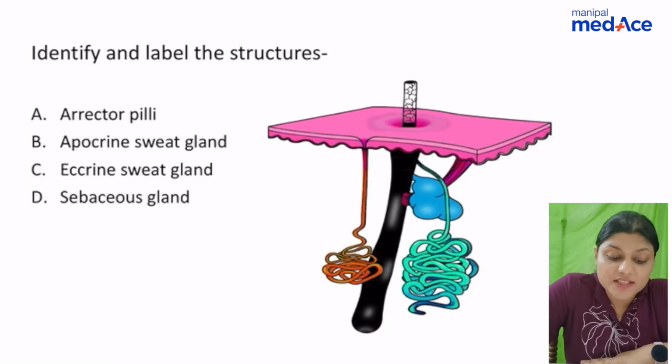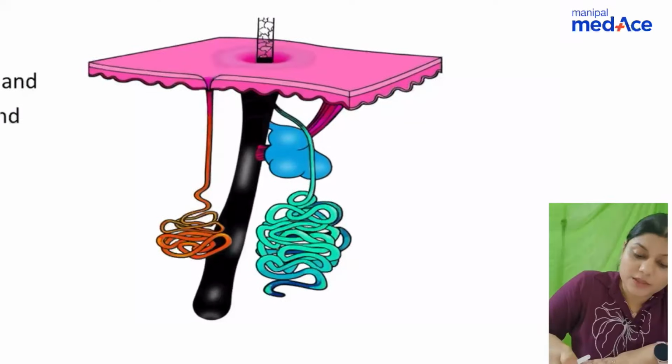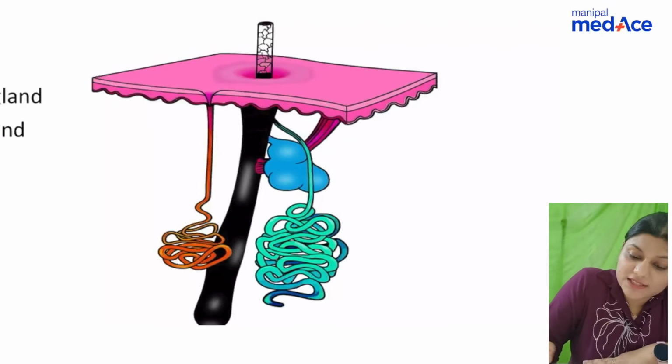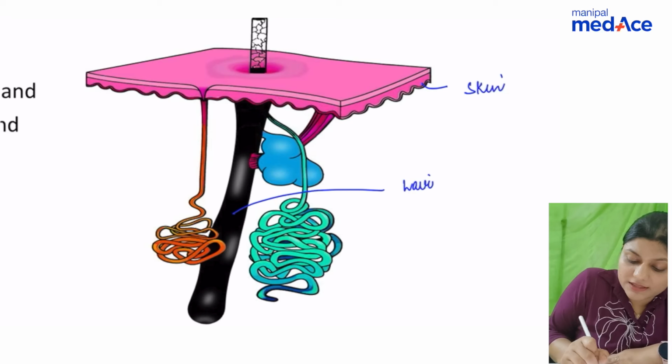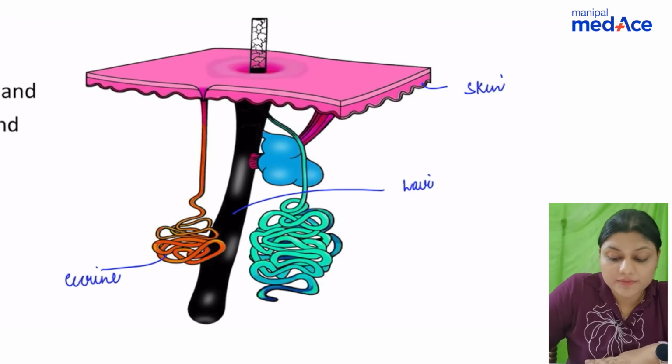Next question, identify and label the structures. Okay, so what you can see in the picture is, this is skin, right? And this is hair. This is eccrine sweat gland.